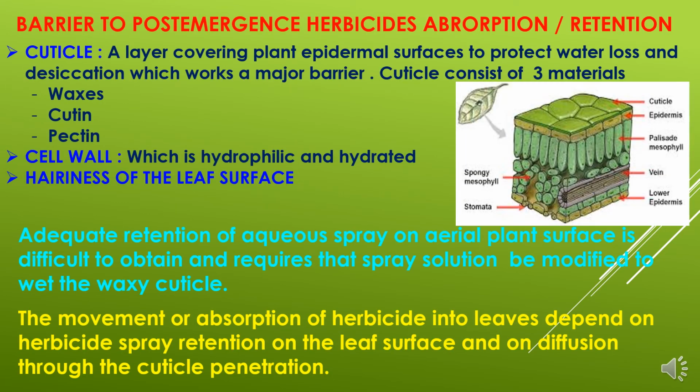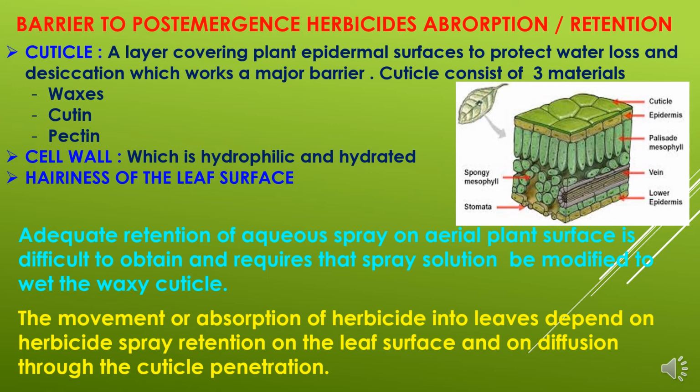There are various barriers to post-emergence herbicide absorption or retention. The first one is the cuticle. This is a layer covering the plant epidermal surface to protect against water loss and desiccation, which works as a major barrier. Cuticle consists of three materials: waxes, cutin and pectin.